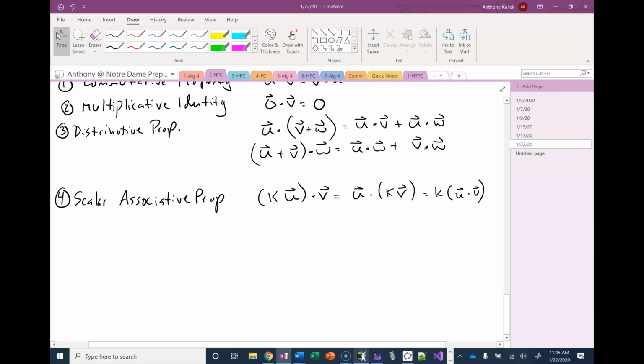If you have a scalar times a bunch of things dot product together, you can multiply that scalar in at any point. You could do it to the first vector, the second vector, or you could just wait and do it all at the end. It doesn't matter. And the last one is the magnitude property that just says a vector dot itself is the same as its magnitude squared.